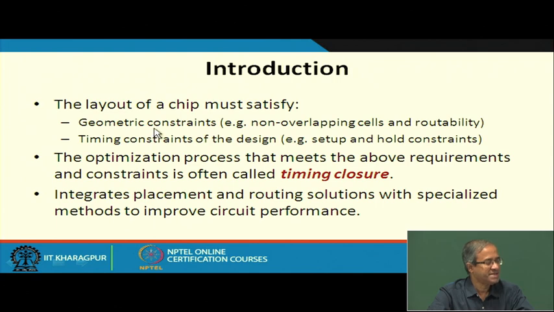Geometric constraint says that the cells obviously have to be non-overlapping, and there has to be sufficient space in between for routability. When we say geometric constraints, it is not just the cells or the blocks, it can even go down to the lowest level when we consider the final layout of the chip.